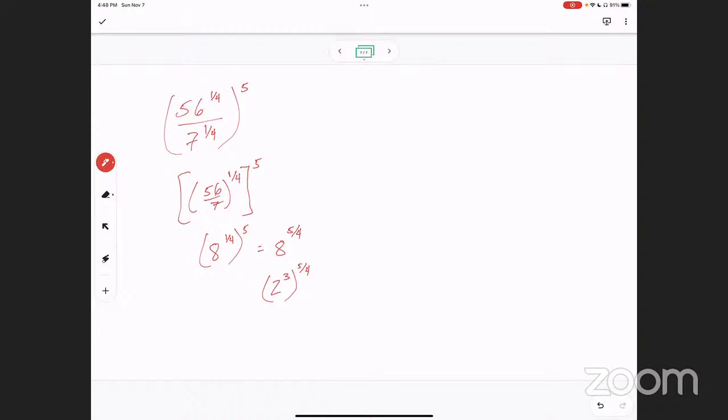And then you can multiply the 3 and the 5/4, and you would get 2 to the 15/4. And again, that's not any simpler than 8 to the 5/4. So this is probably the answer that they want. But technically, this is the most simplified version of it. Okay, make sense? Yeah.